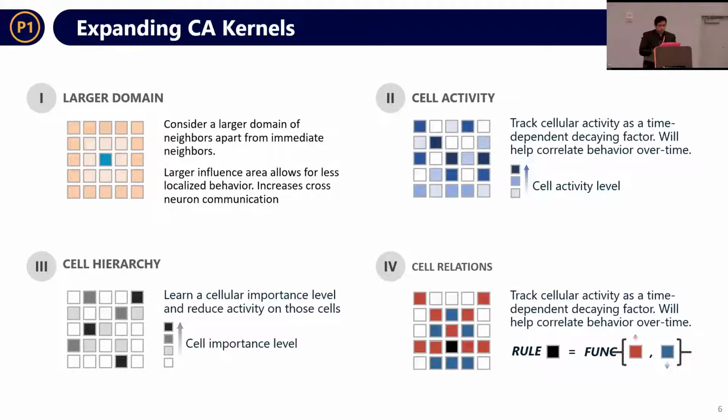So that also factors into how they evolve. And there's also cell relations, by which you can dictate whether one or more cells next to it affect that cell positively or negatively. So yeah, your red could be positive and blue could be negative.